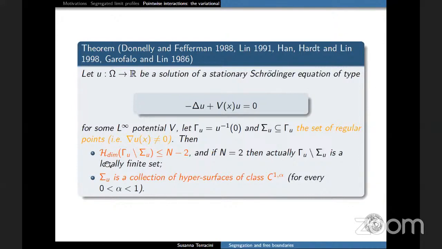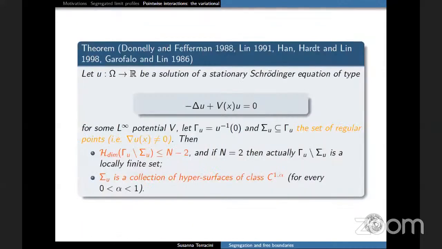So there is a possible singular part. Singular here means that the gradient is 0, which is small in dimension, and a regular part, which is clearly regular, because it's regular in the sense of the implicit function theorem, and is of class C1 alpha.